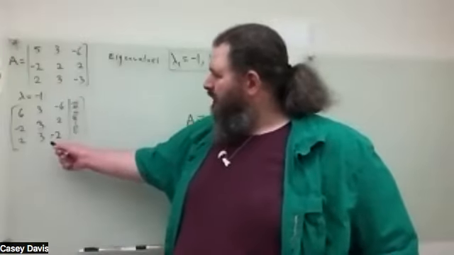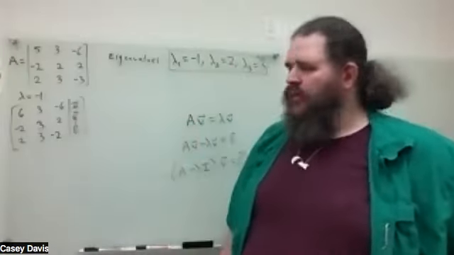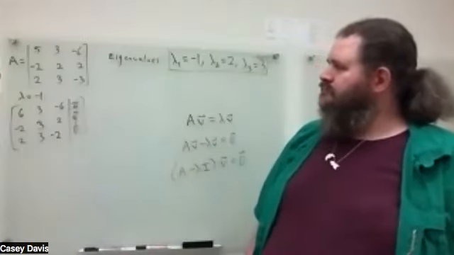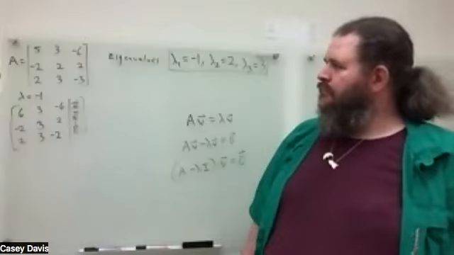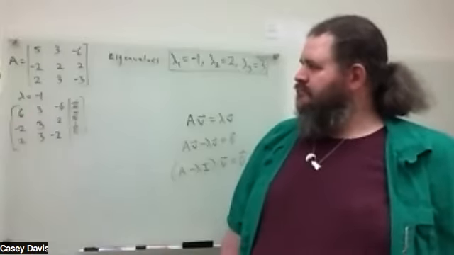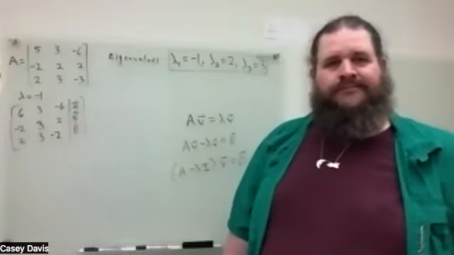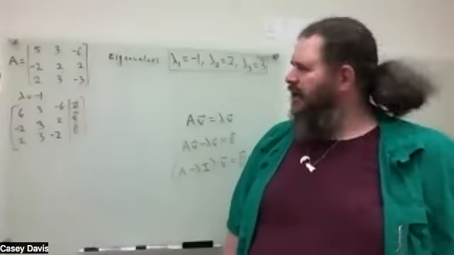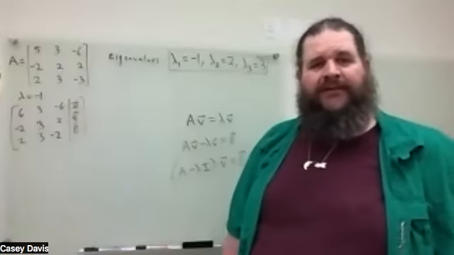So can we row reduce this? Or what could we do to row reduce? Do you see any simplifications we could make, or any way we could make these numbers easier to work with or cancel something out?